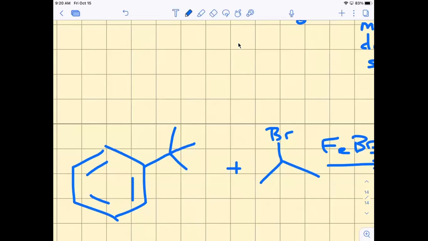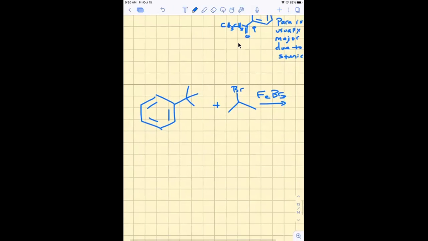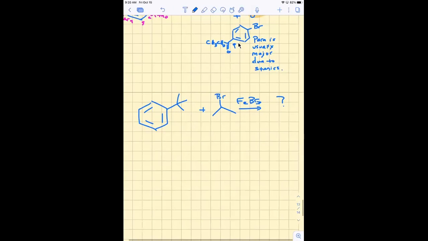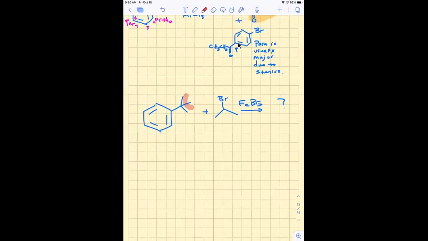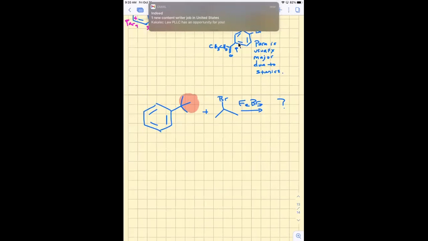What is the predicted product, or what are the predicted products for this reaction? So the question is, what type of group is the tert-butyl that's already attached to the ring? Is it a donor? Is it an acceptor?